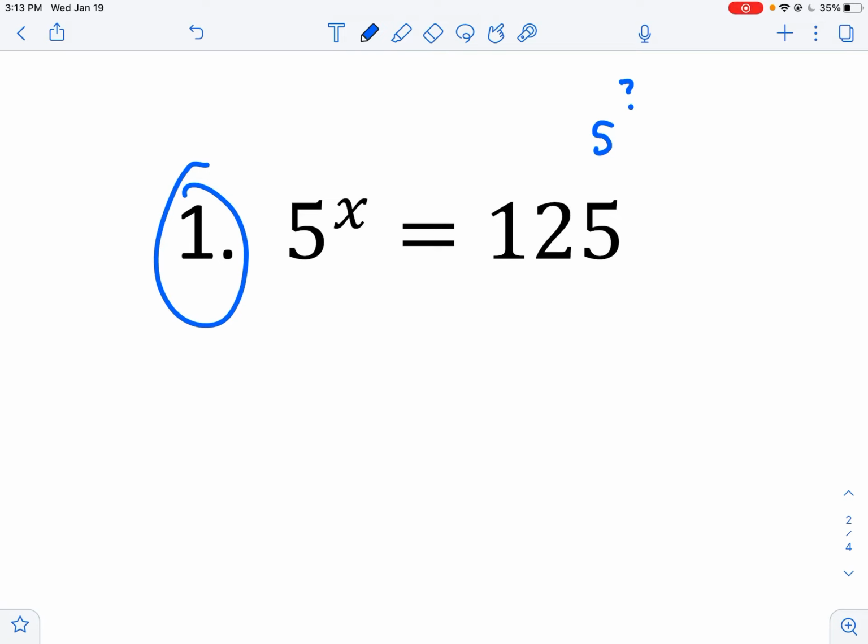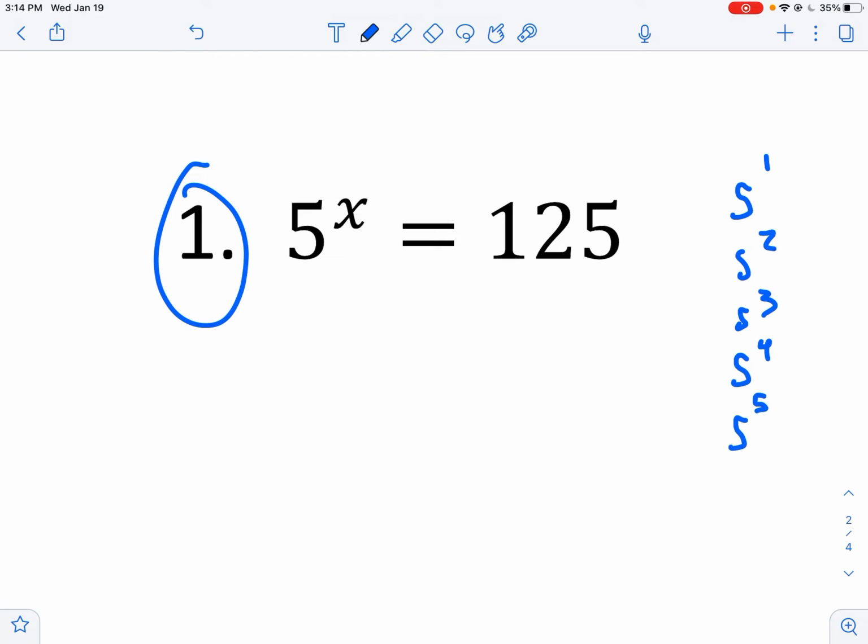So, right side. Well, we already know that we want it to say 5 to some power. And so really you can kind of just take a calculator and figure out what power do you put on 5 to get 125. And so you can try things like 5 to the first, 5 to the second, 5 to the third, and just kind of go through until you find the one that works.